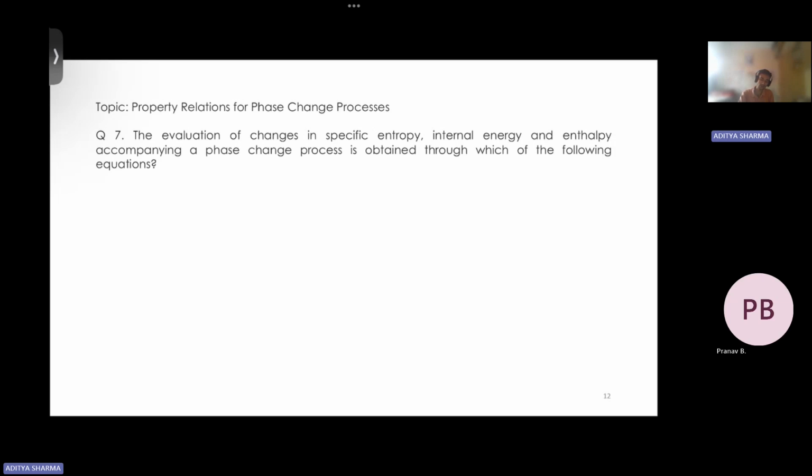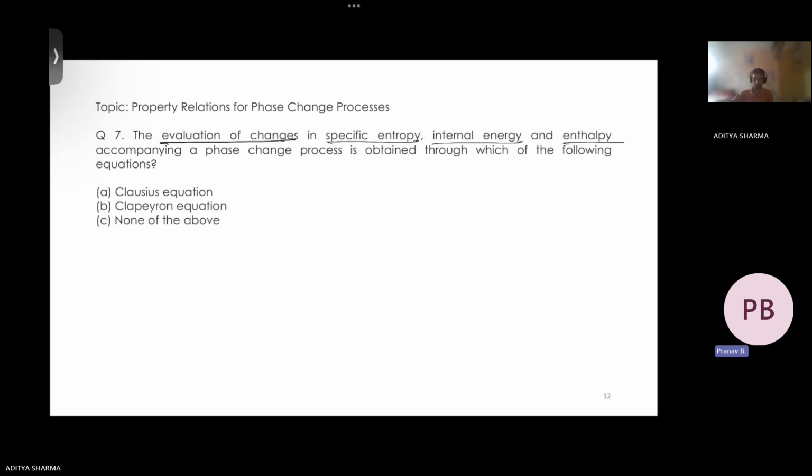And this question number 7 says that the evaluation of changes in specific entropy, internal energy, and enthalpy accompanying a phase change process is obtained through which of the following equations? I think it's Clapeyron. Yes.